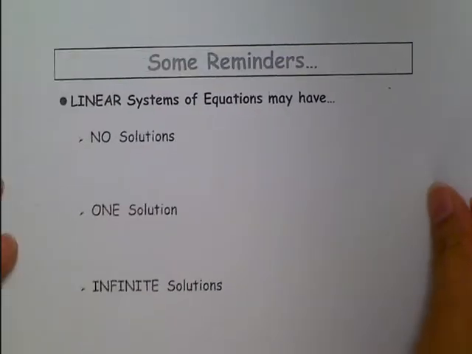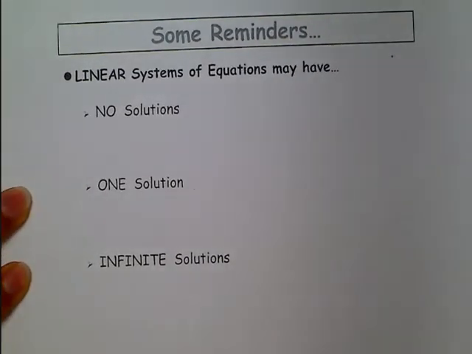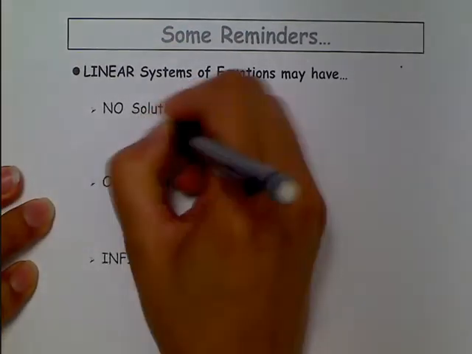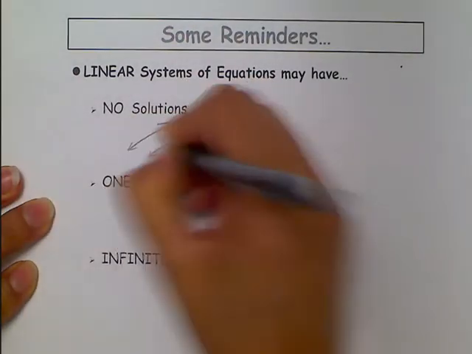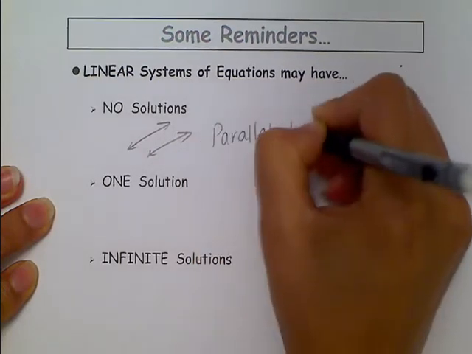So a few reminders from last year. First of all, linear systems of equations may have no solutions, one solution, or an infinite number of solutions. If it has no solutions, that indicates you have a pair of parallel lines, which would never touch.